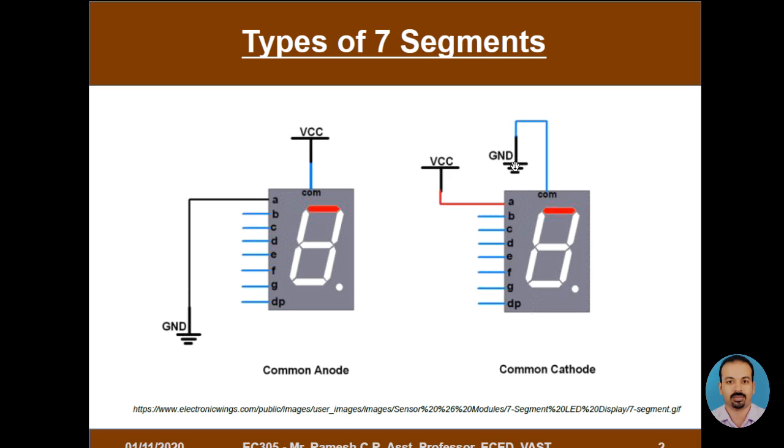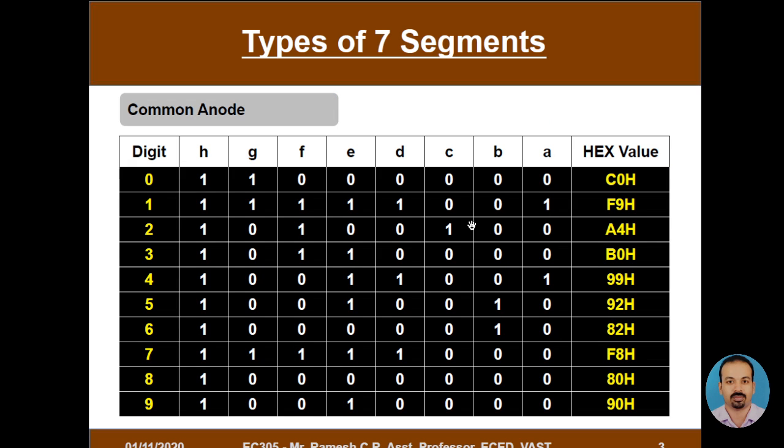It will be grounded, so in order to turn on and turn off each of the segments we need to supply a logic 1 to the corresponding segment pin. That configuration is known as common cathode. So for a common anode scheme, to turn on a particular segment I need to supply a logic 0, and for common cathode I need to supply logic 1 to that pin.